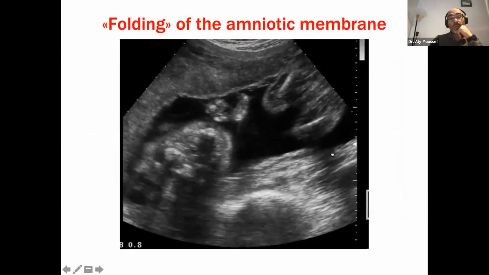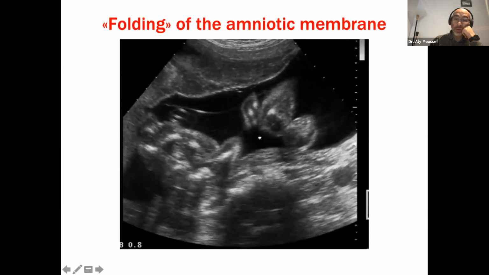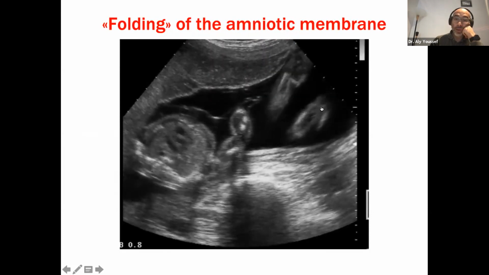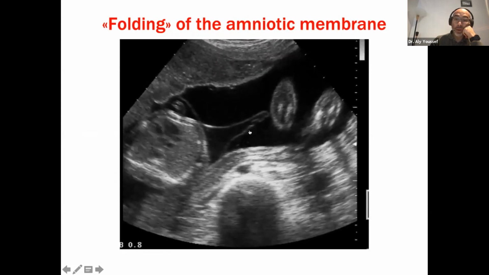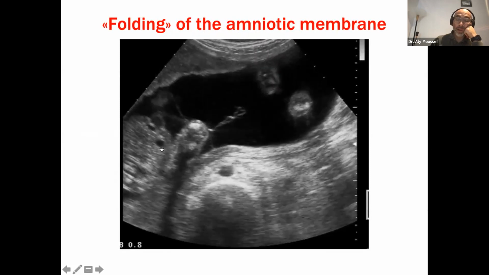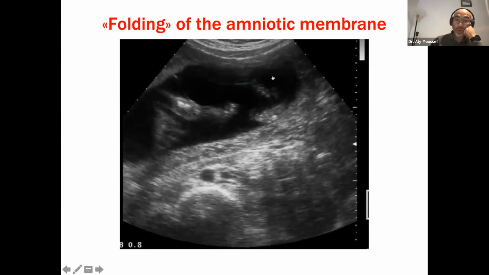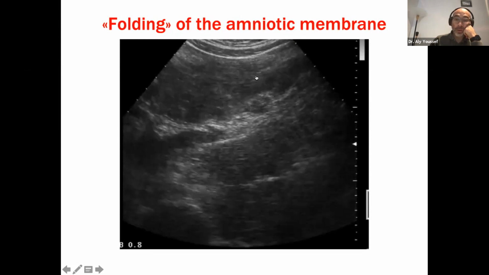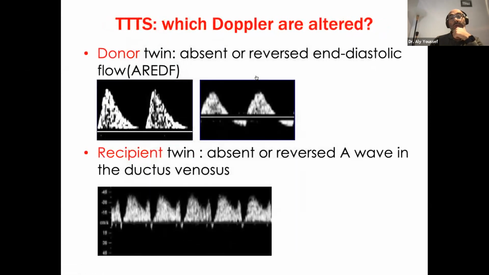And this is a case in which the amniotic fluid is objectively normal in both sacs, but there is a huge folding in the membrane, denoting on the left hand side the donor twin, and on the right hand side you have a slight increase in fluid, although they did not meet the strict criteria of the TTTS.